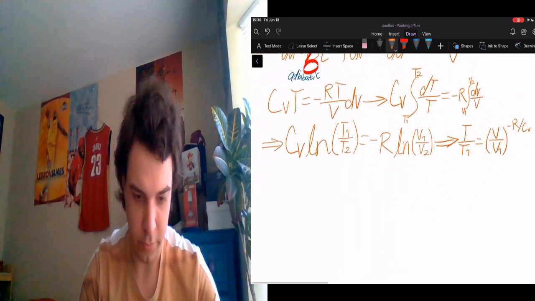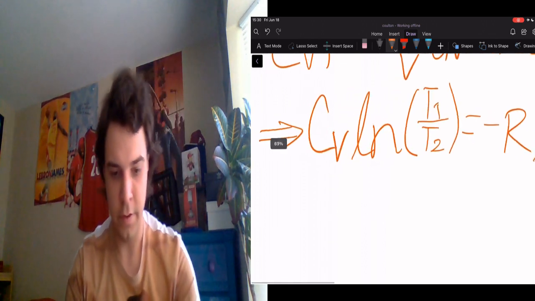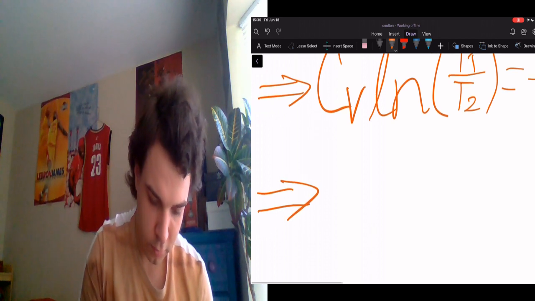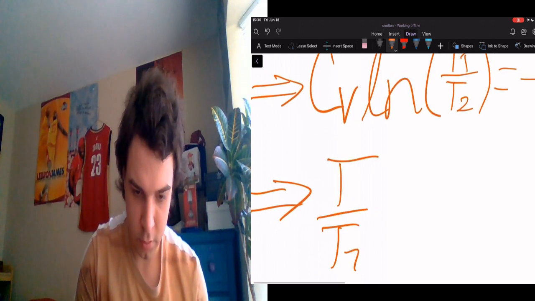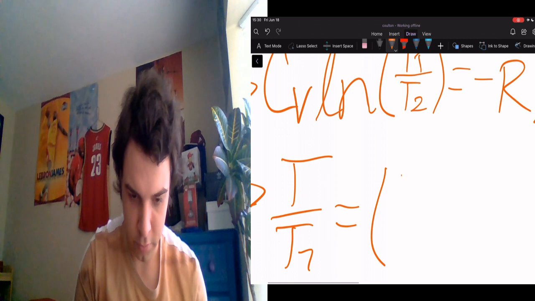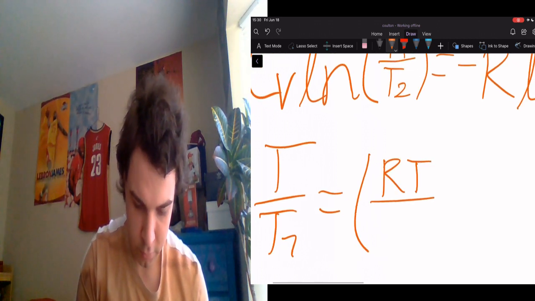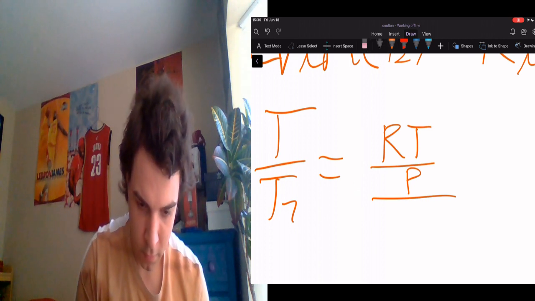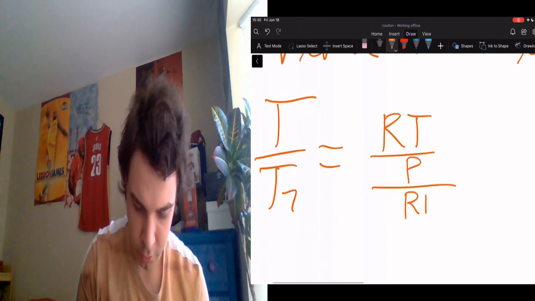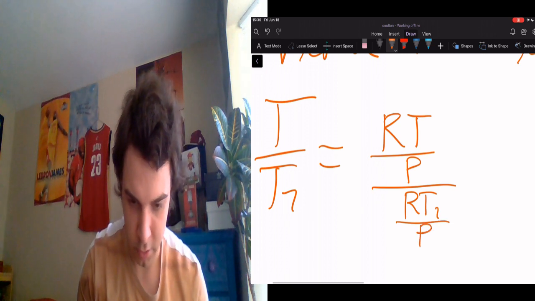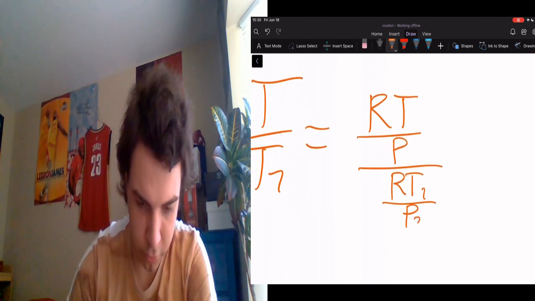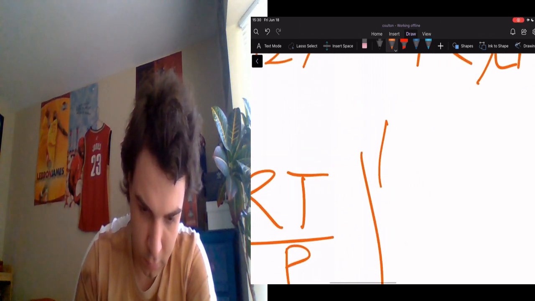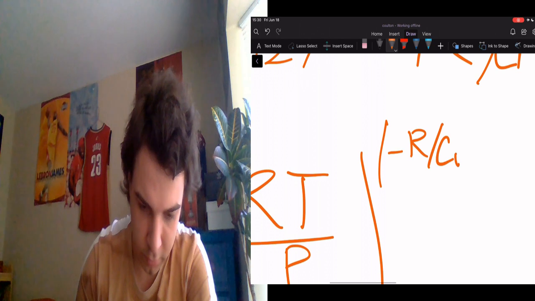And then we do some further rearranging, and we get V1 equals RT over P over RT1 over P2 to the negative R over CV.